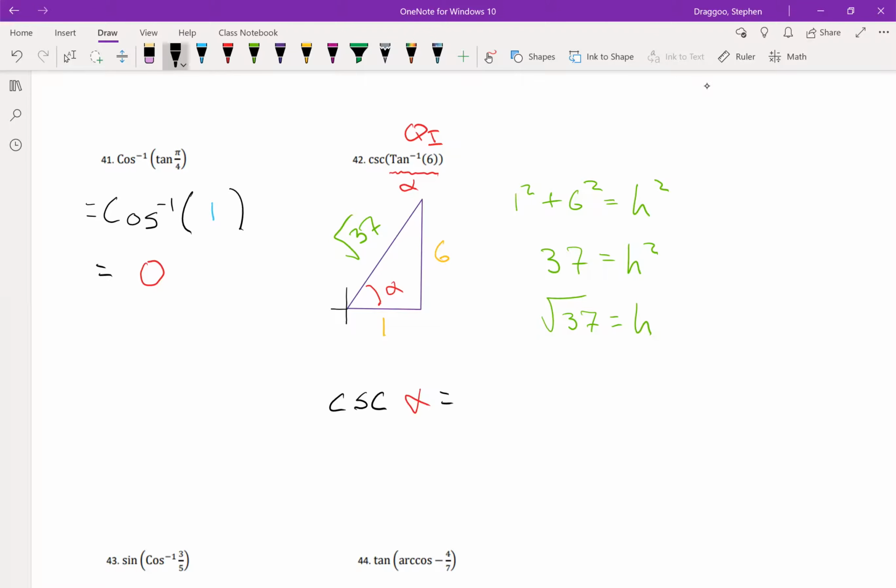And so I can go to that reference triangle and just get the hypotenuse divided by the opposite side. So square root 37 divided by 6. And that should be my solution, root 37 over 6.